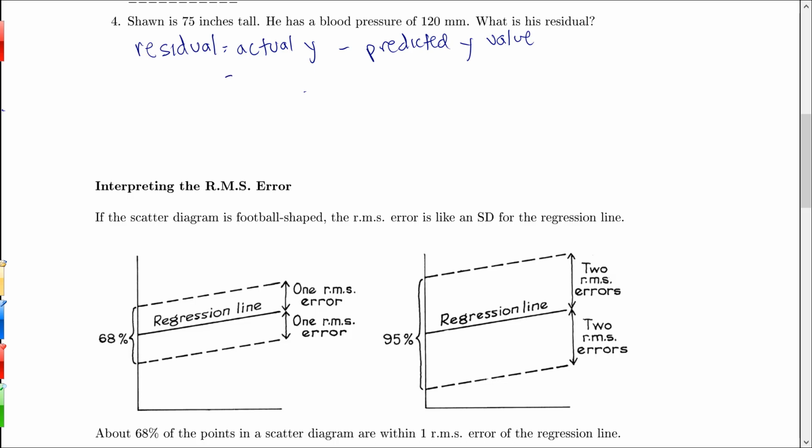In our case, for Sean, he's 75 inches tall and has an actual blood pressure of 120. Now we need to subtract the predicted y value. Notice I said he is 75 inches tall. If you look back to part 1, it said to find the average blood pressure of men who are 75 inches tall. In part 1, we predicted that for someone his height, we would have 119.38 mm.